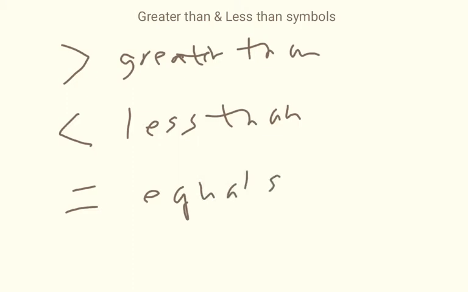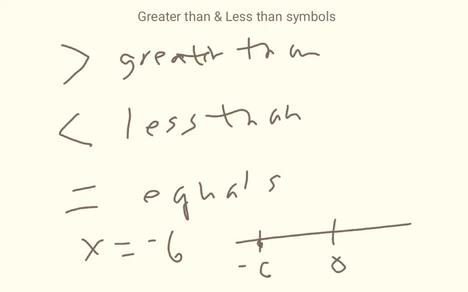So we have a statement that says, graph the integer, some integer x that equals negative 6. This is pretty simple. It just means draw a number line, put a 0, put negative 6, and just put a dot there. So that's a graph of the number x, which is equal to negative 6. Then we'll look at some things a little bit more complicated, double inequalities, in the next slide.